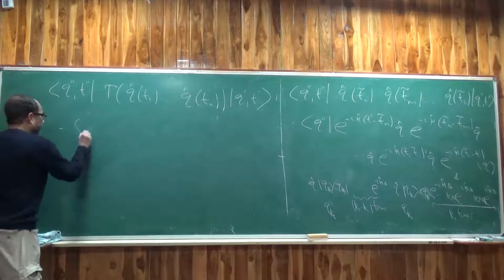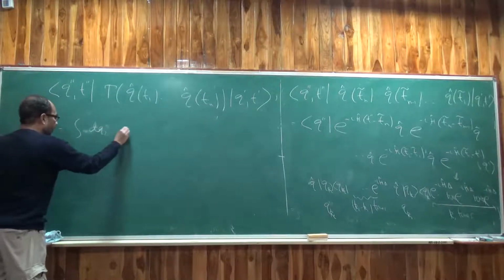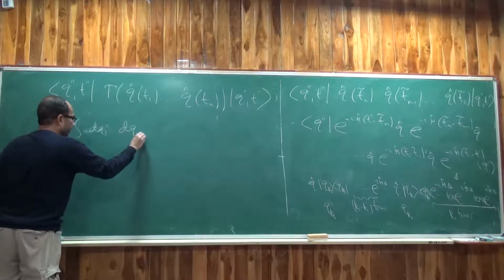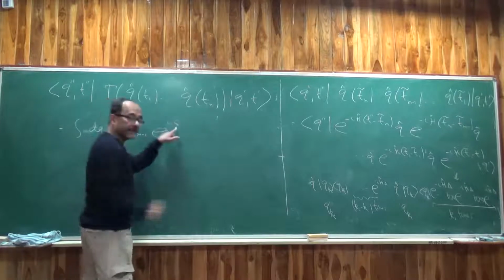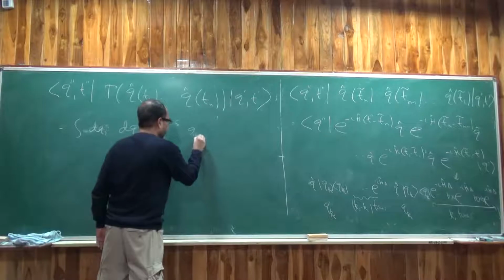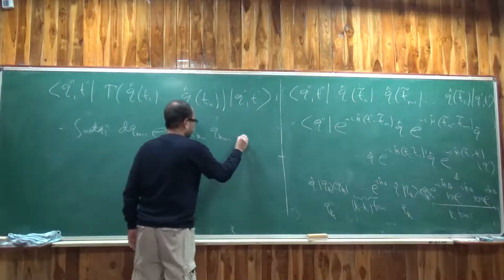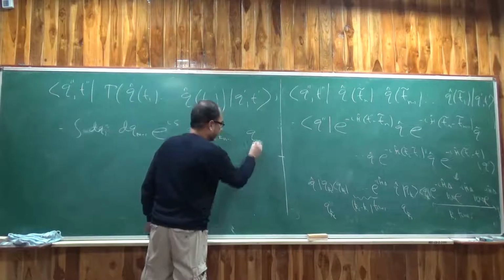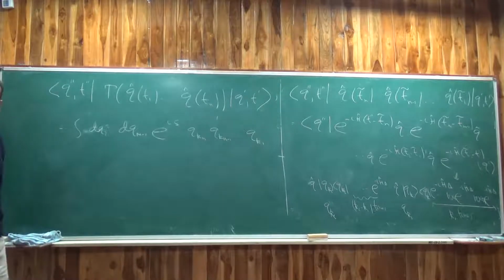So this can then be written as the integral dq2 to dq n minus 1 e to the iS. This is to be discretized. And then there is a factor of q k n minus 1 up to q k1.